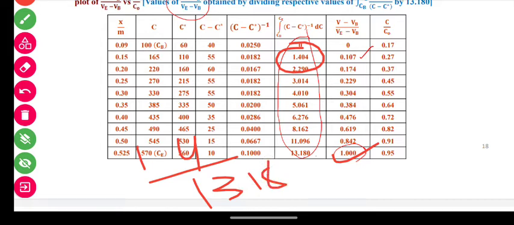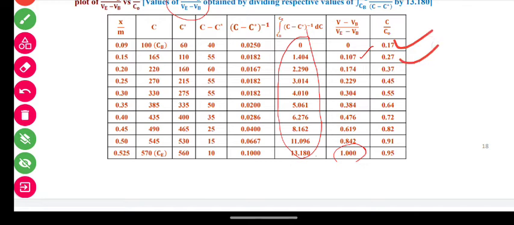Okay, so you will get all these values. C by C naught is your current C, and C naught is nothing but your 600. Why are we not taking up to 600 here? Because this will give infinity, that is why.